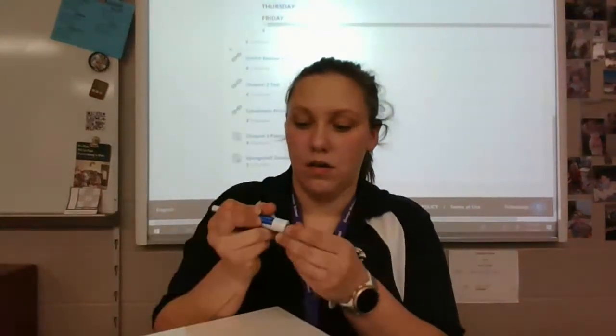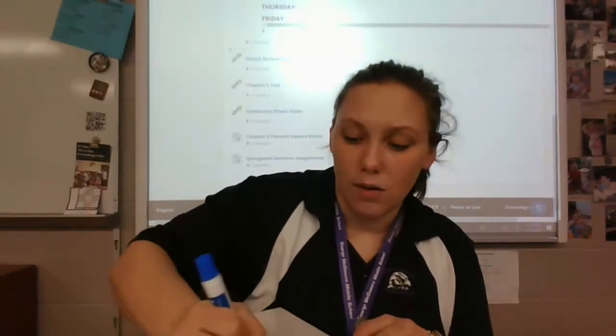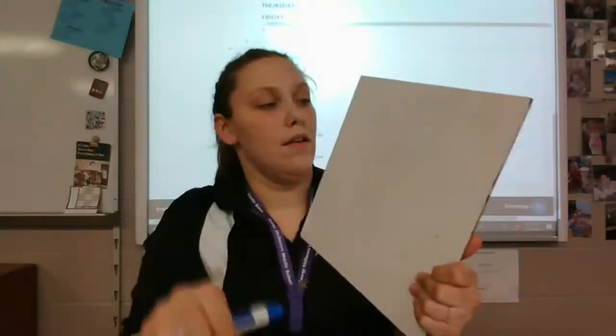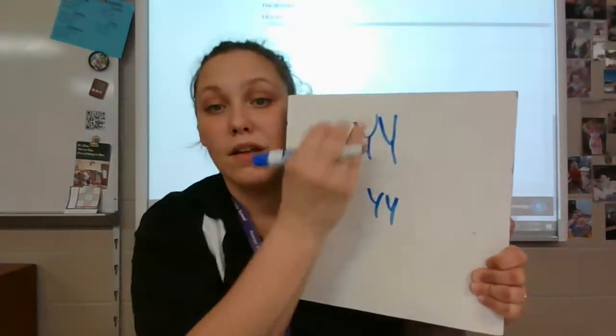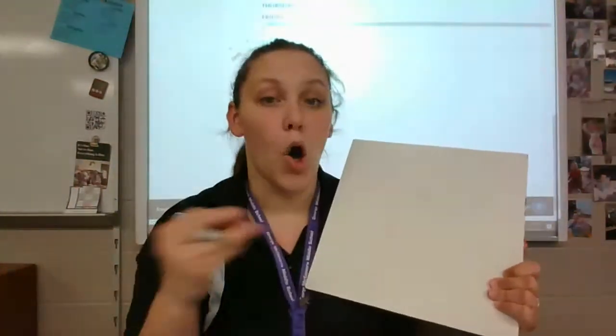So homozygous genotype could be two capital D's or two lowercase d's like this. Or they could be two capital Y's or two lowercase y's. But either way, each one of these is the same. Homo means same.